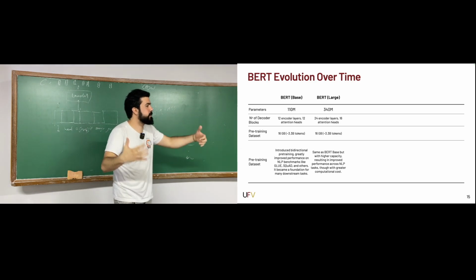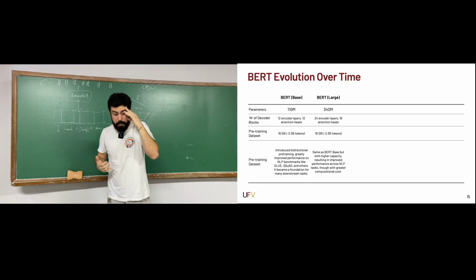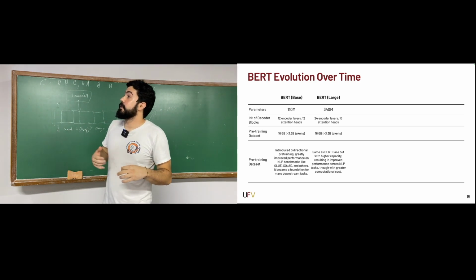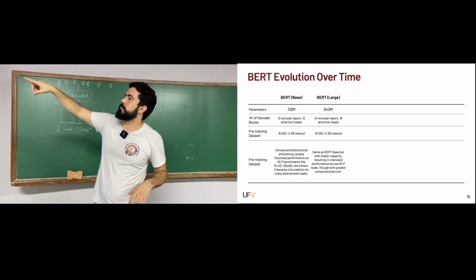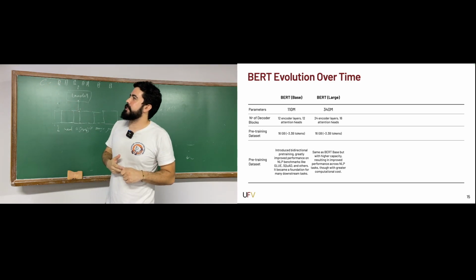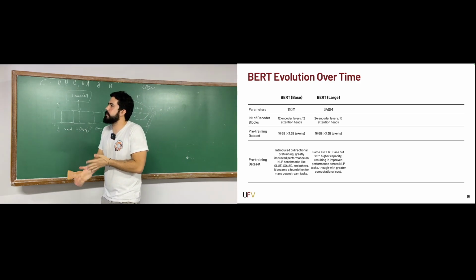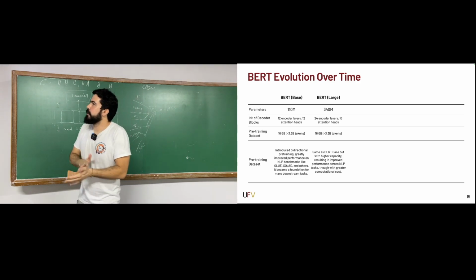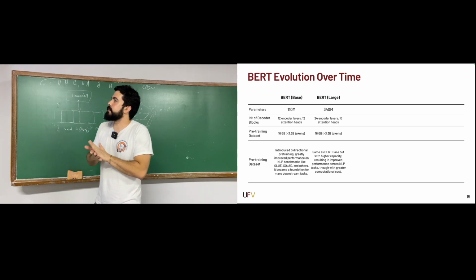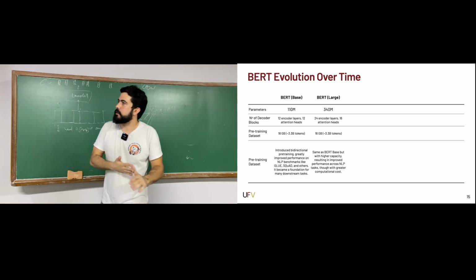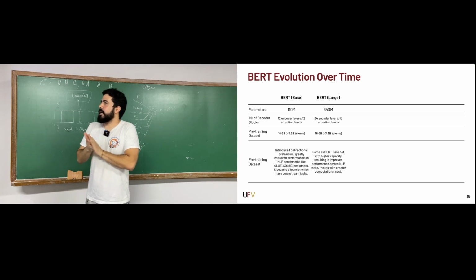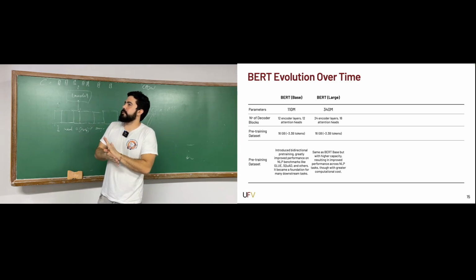They released it in two different sizes right out of the bat. So they're basically double the size in terms of encoder layers, right? If the base one has 12 encoder layers, the large one has 24, and then 12 attention heads versus 16 attention heads.